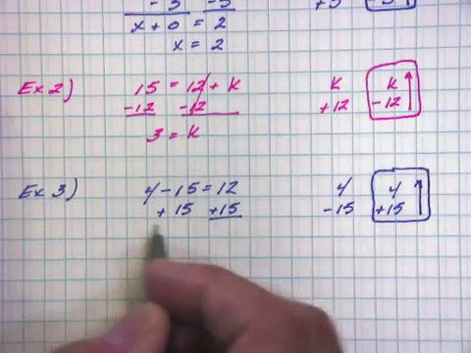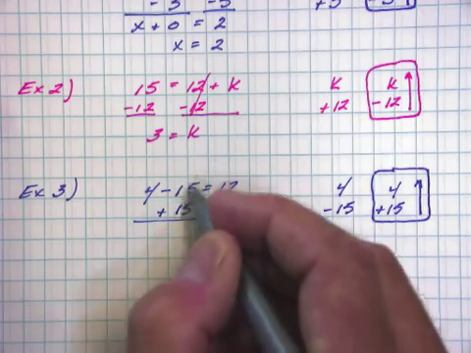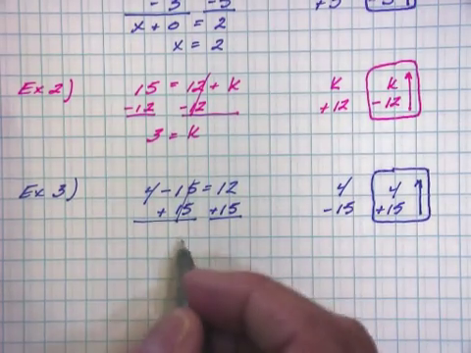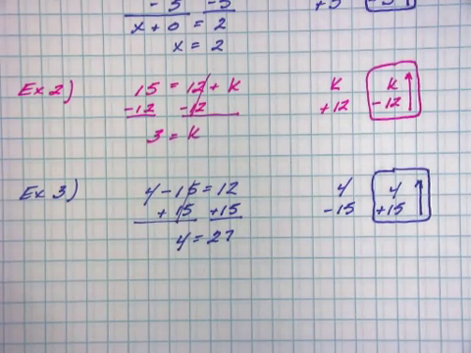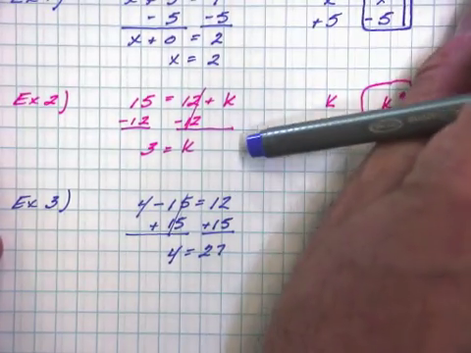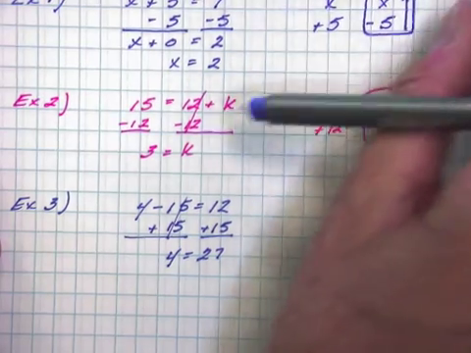So there's my roadmap. So I add 15 to both sides. The 15s cancel each other out because one's negative and one's positive, and y equals 27. So that's an example where the problem has subtraction, but we're using addition to solve it.